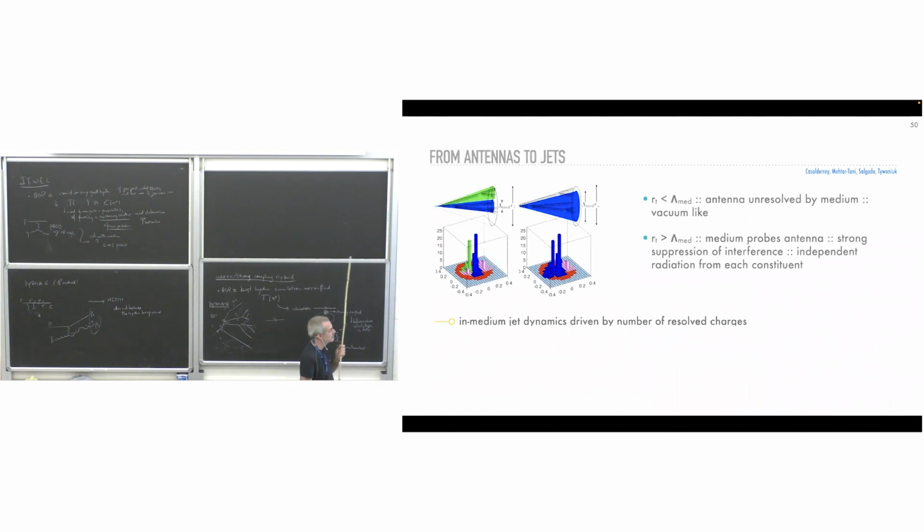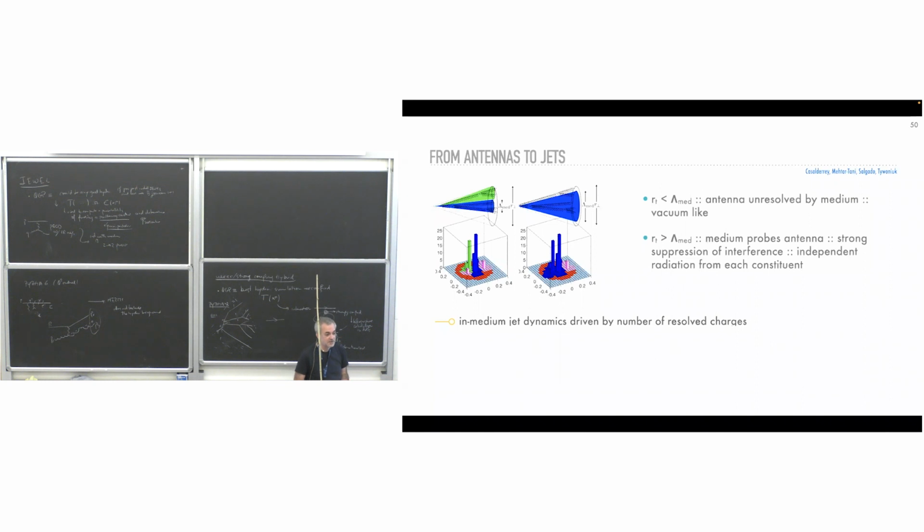So people built a very intuitive picture that hasn't been properly formalized, but it refines a bit the picture of the number of things interacting with the QGP. Whatever I have inside my shower, I should not count the number of things, but the number of things that can be seen separately by the plasma.